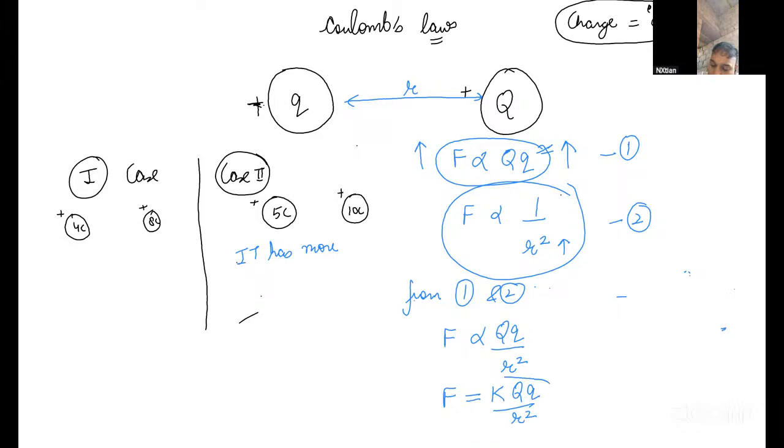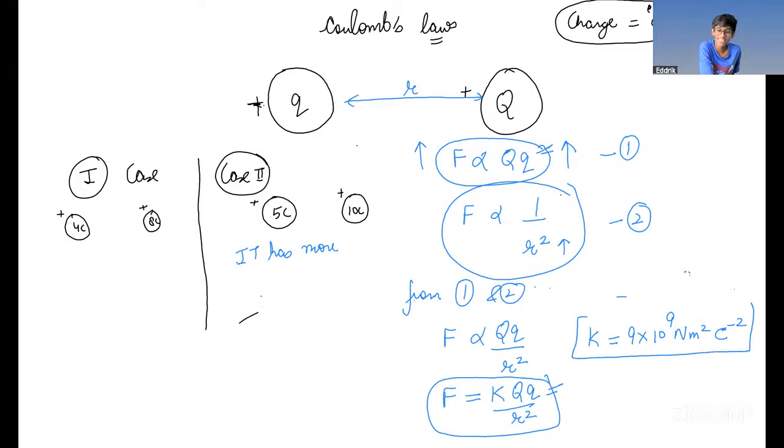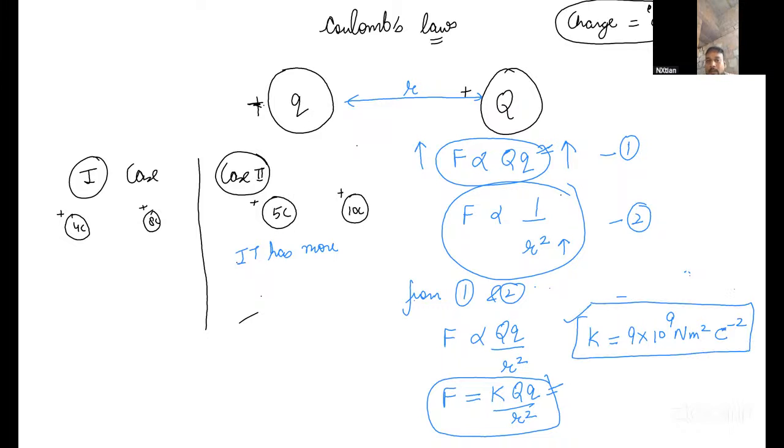That is called Coulomb's law, where K has a fixed value that you have to use, which is 9 into 10 to the power 9 Newton meter square Coulomb inverse square. Okay, so this is the formula of force.